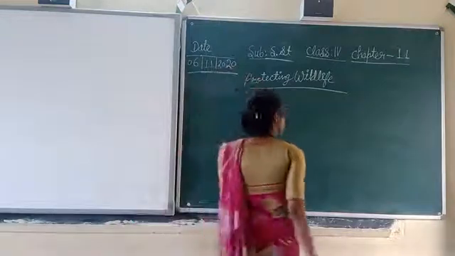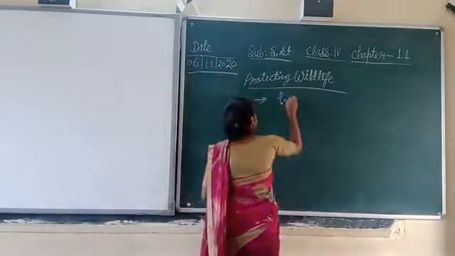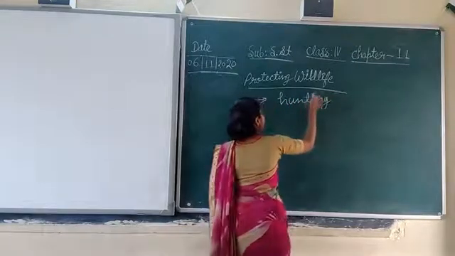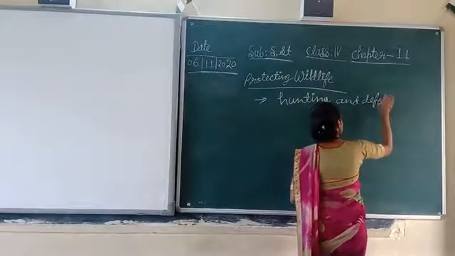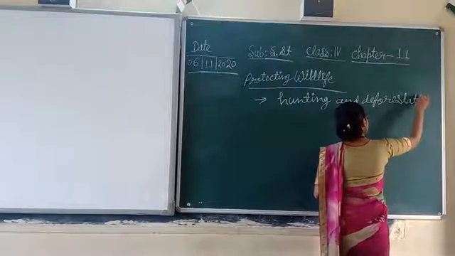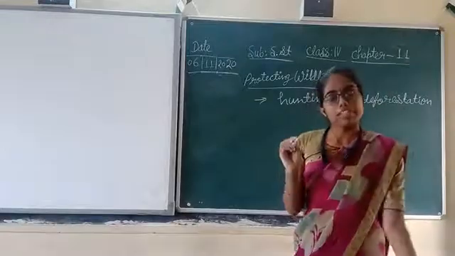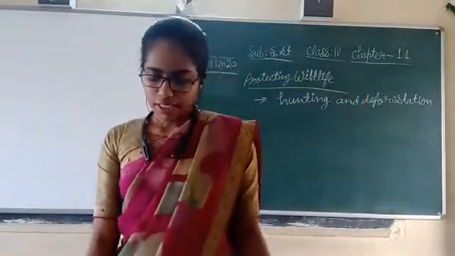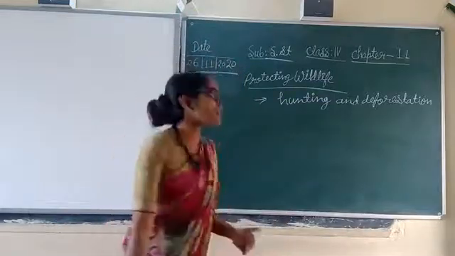Why are they decreasing in number? The major reason is hunting and deforestation. Due to hunting and deforestation, the number of wildlife is decreasing in the country, and many of them are facing extinction.